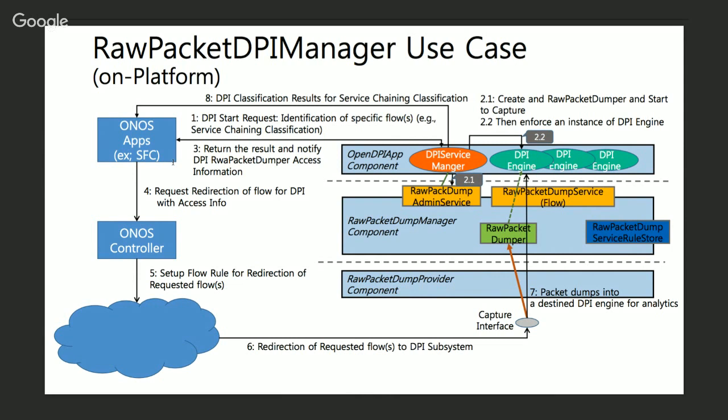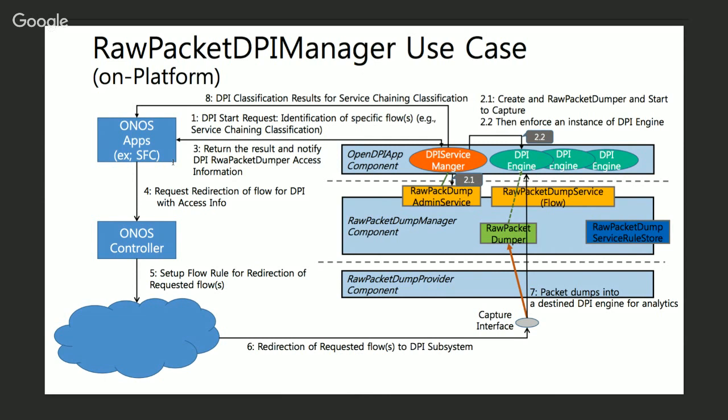Quick question. This start request, what does it entail? Is it targeted for a specific device and for a specific type of traffic? Yeah, the target is a specific flow. Is it on a specific device or across the data plane network? Across the network. It can be a single flow or multiple flows that the application requests.